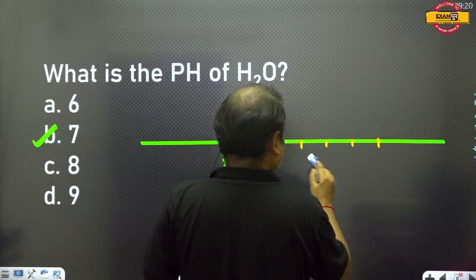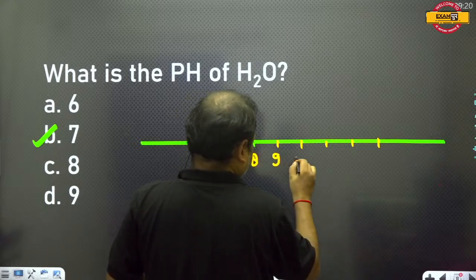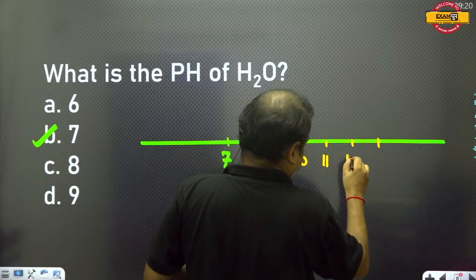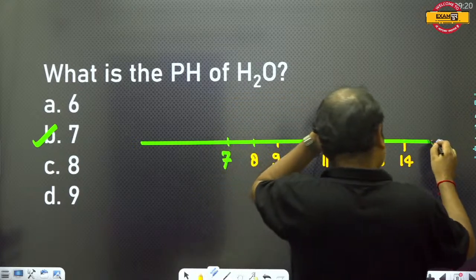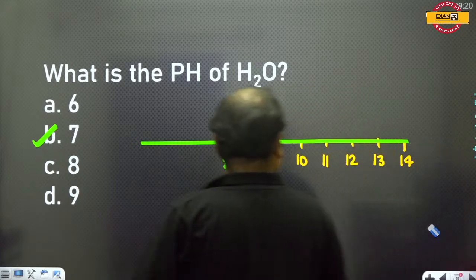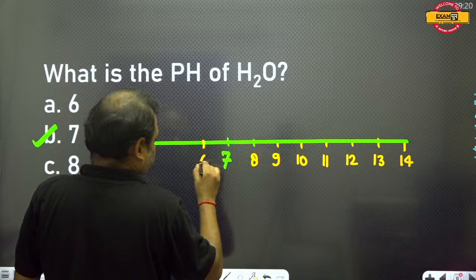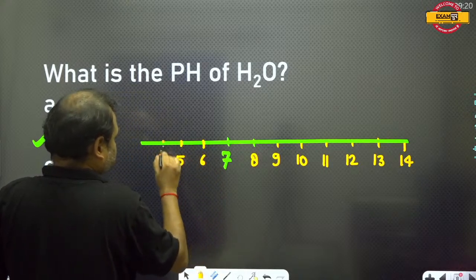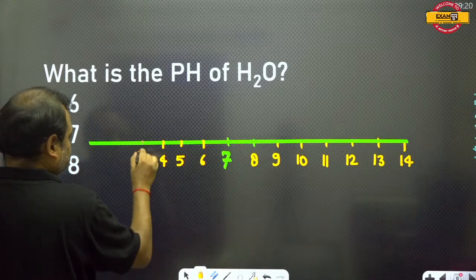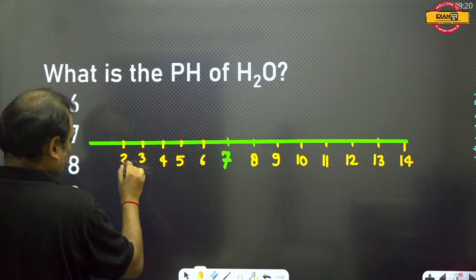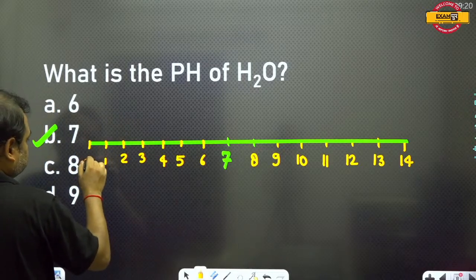Let me write this clearly so that everyone can see. 14. The limit of the pH scale is 14. And this is 6, 5, 4, 3, 2, 1, and this is 0.